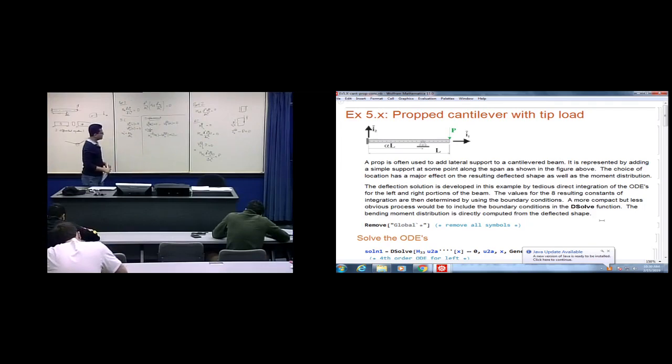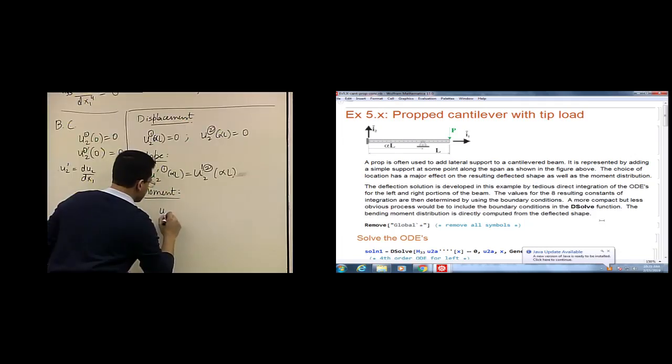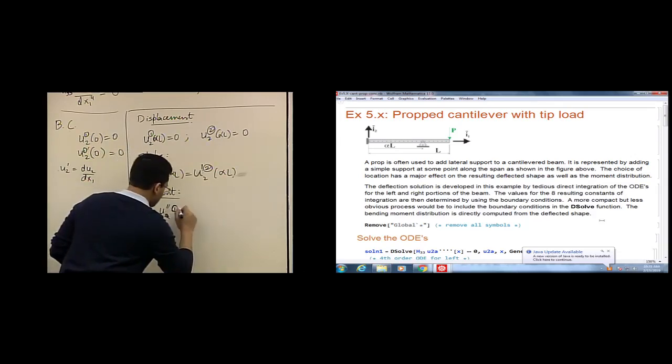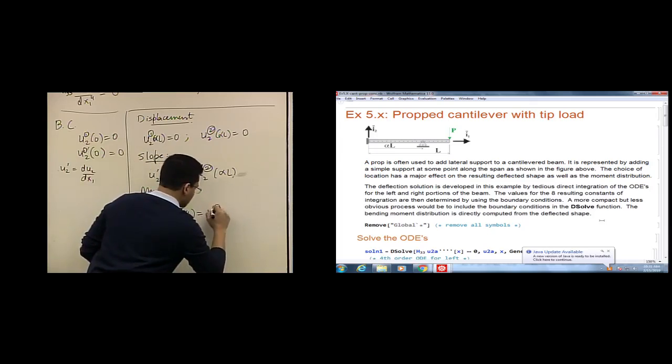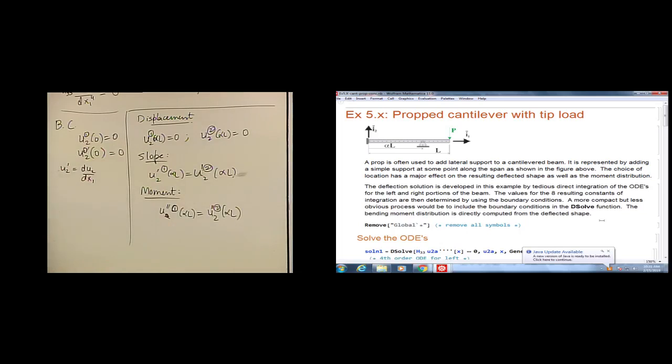And now what can we say about moments? Does the pin joint restrict moments? There is no rotational spring, so there should be a moment continuity as well.